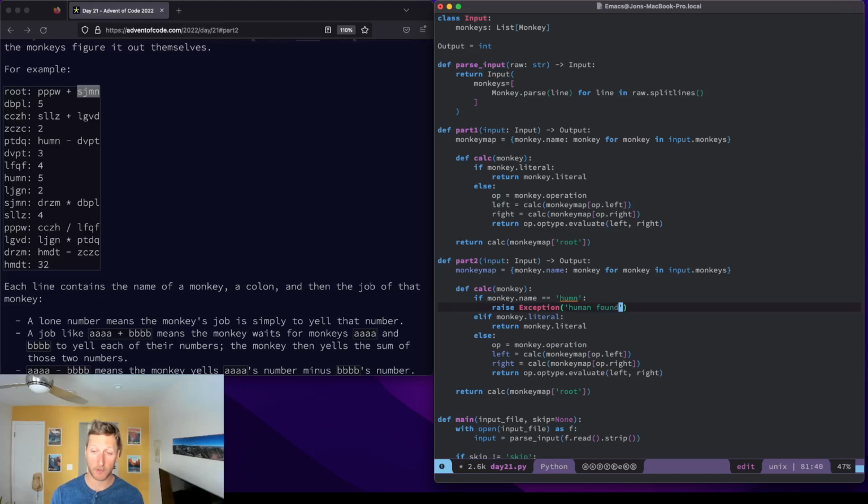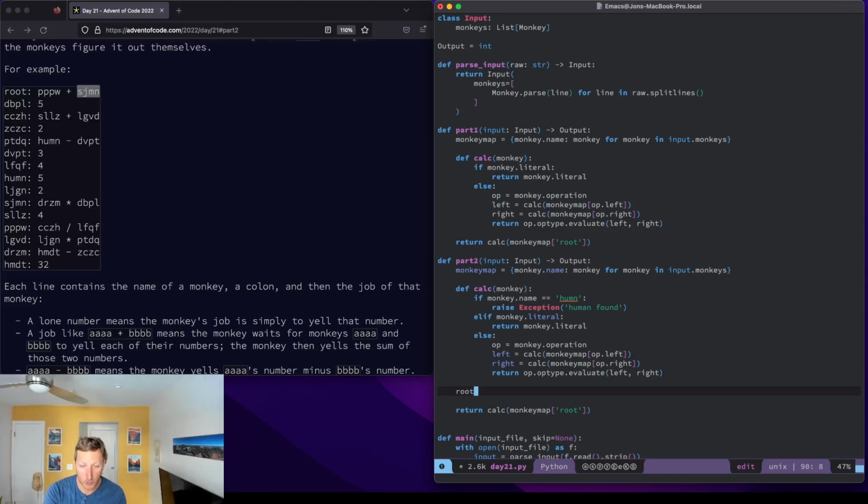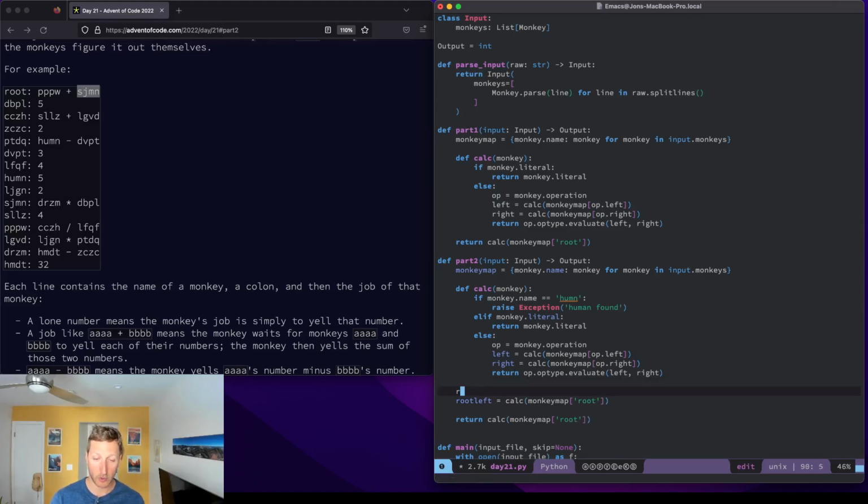Human found. And so root left is going to be, I'm going to do calc monkey map root. Well, we'll do root equals monkey map root. And then we're going to take that root and calculate its left value.